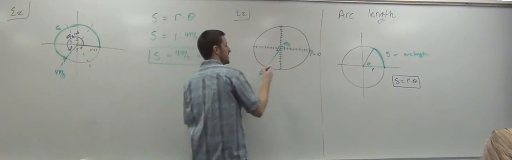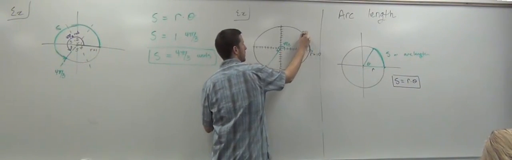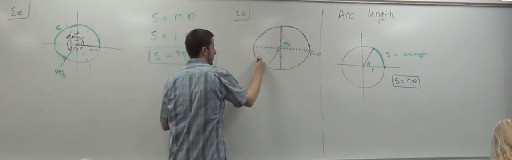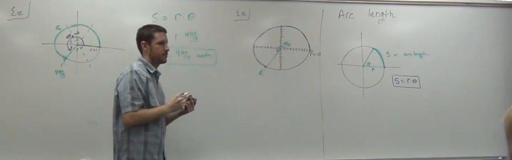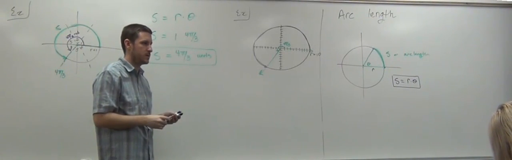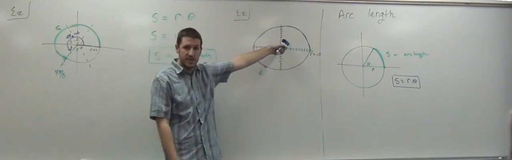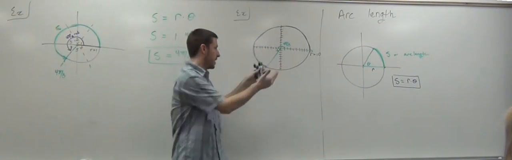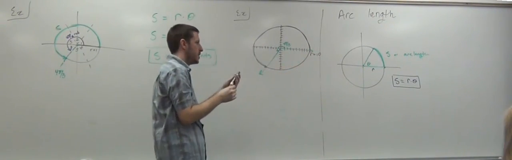Now my question is, what distance do I walk from here all the way around to here? 40 pi over 3. It's just 10 times this angle, because the radius is 10, so you've gone 10 times as much.